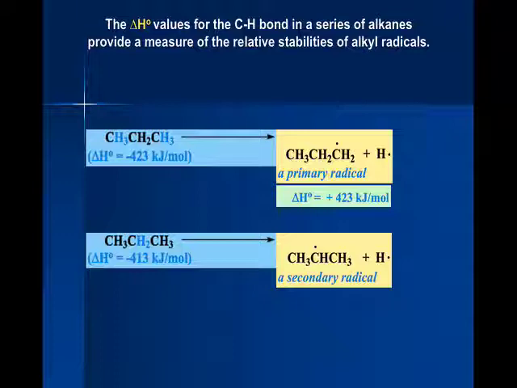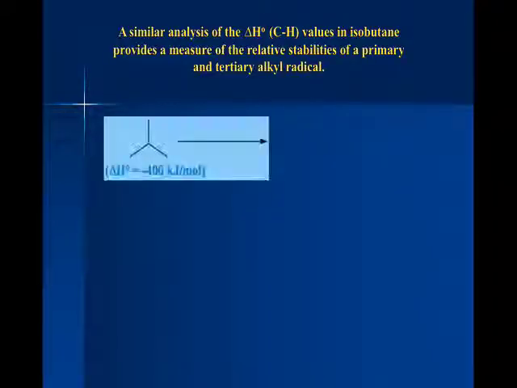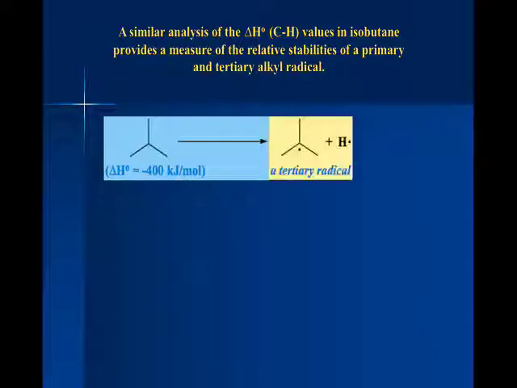So does that mean it's easier to form or harder to form? It is easier to form. It is easier to abstract a secondary hydrogen than it is to abstract a primary hydrogen. Okay? And then, of course, we could also look at a tertiary hydrogen, the hydrogen on 2-methylpropane, to generate a tertiary radical. And what you'll notice is that takes 400 kilojoules per mole of energy to happen.